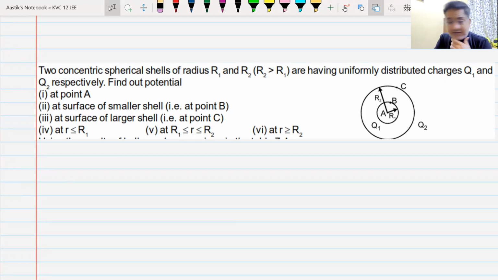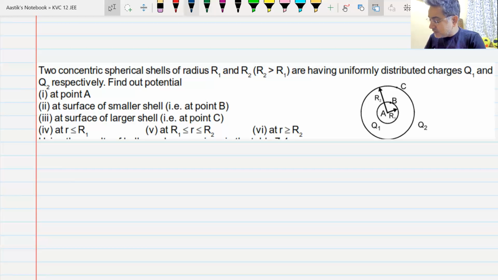Okay. At point C: no, Q1 will come. KQ1 by R2 plus KQ2 by R2. That looks good. Correct. So let us first discuss these 3 points, because these 3 points are of prime importance right now.